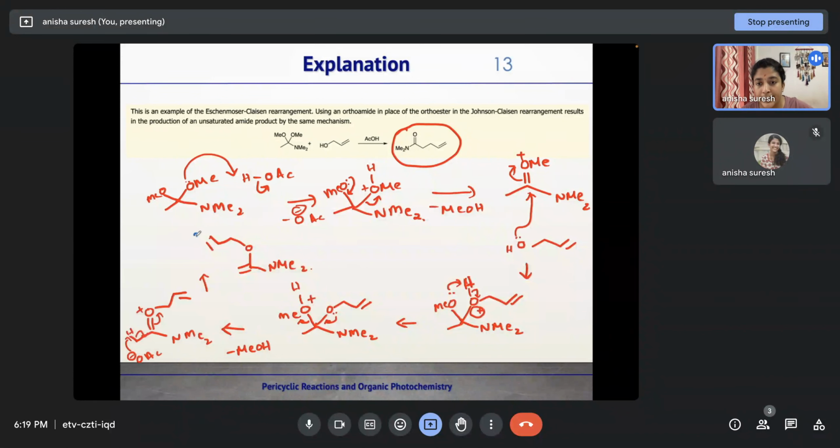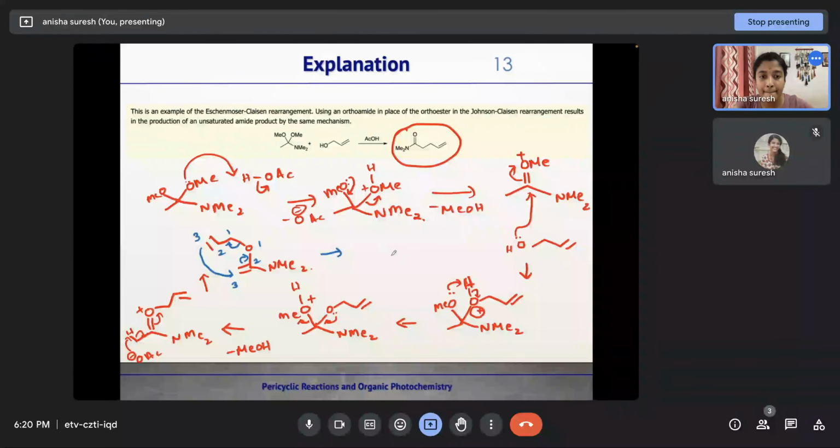So we can number it like 3, 2, 1, 3, 2, 1. So this will attack over here. This double bond will form. This bond will break. And we will get this product.